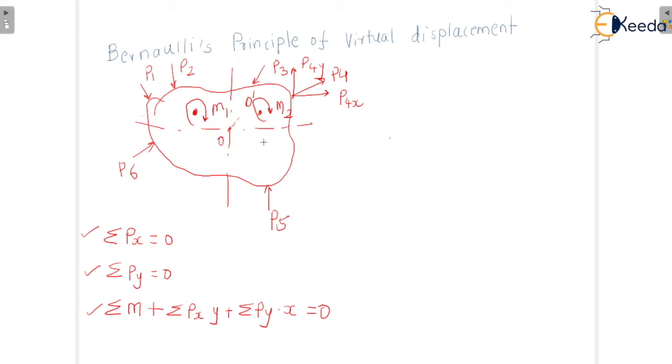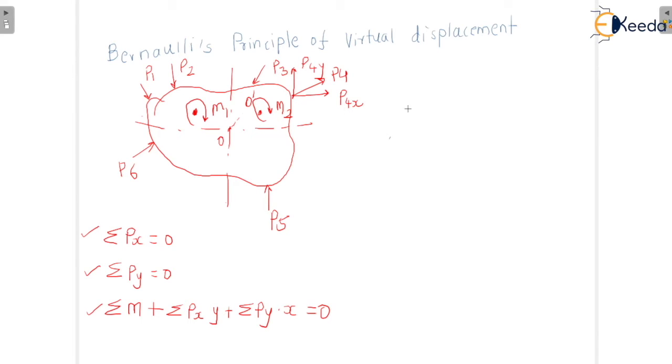It is a rigid body, so all forces will have displacements delta x and delta y in the x and y directions.